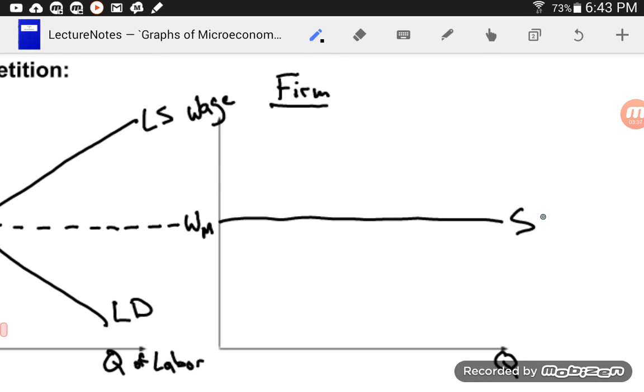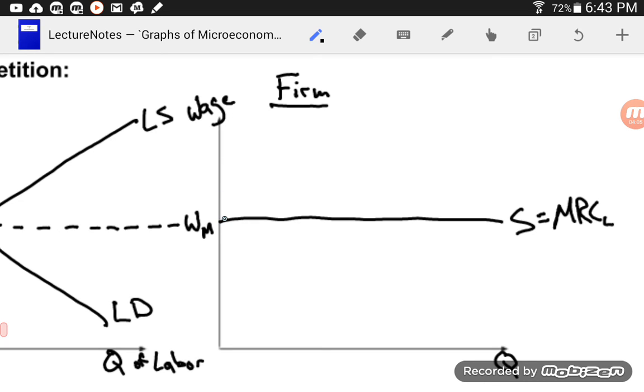Another word for the supply of labor is marginal resource cost, and I'm going to call it marginal resource cost of labor. It's a marginal cost curve, just like we saw before. A marginal supply curve really is marginal cost, but in this case, because there are so many workers and I'm in perfect competition, I can hire as many people as I want at the current given wage.